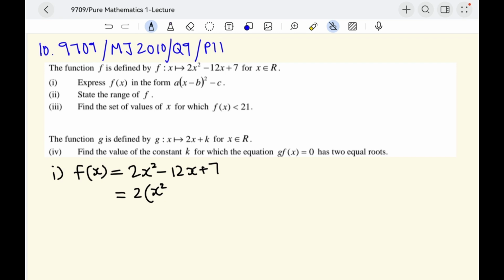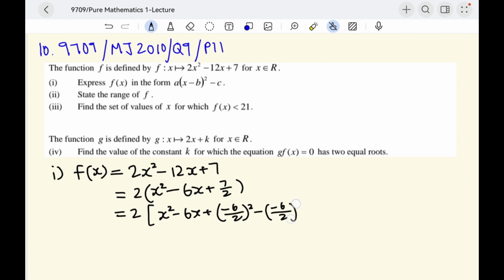So you should have no doubts in performing the completing the square. Okay, so here's your answer.